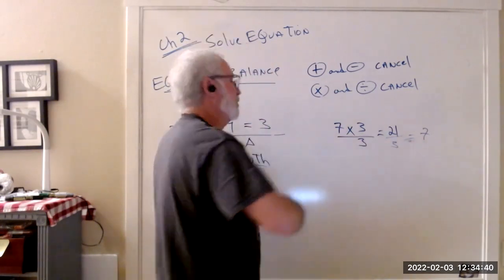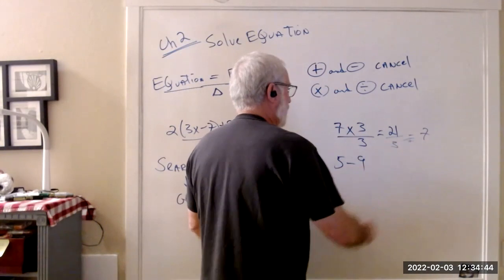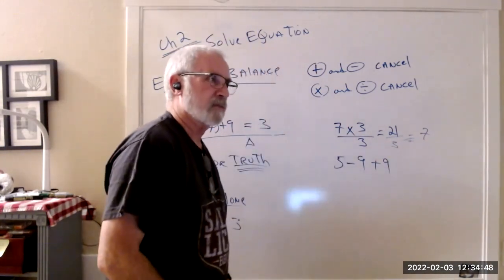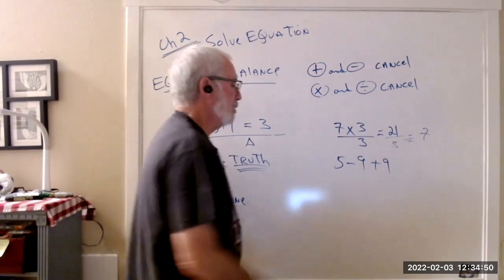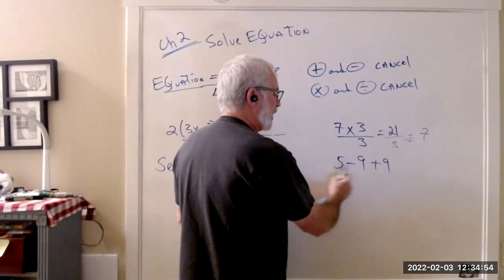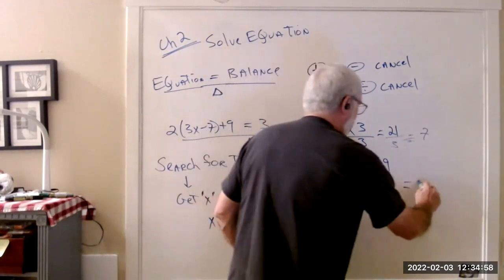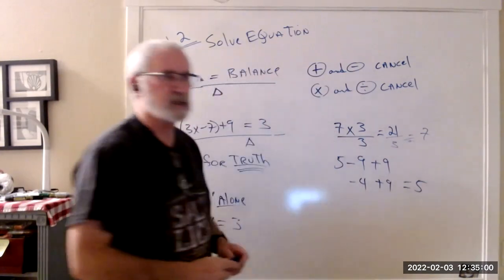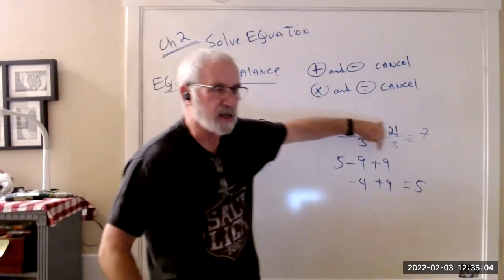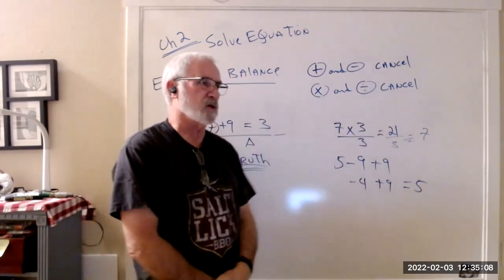Same thing with, let's say I had 5 minus 9 plus 9. Well, the minus 9 and plus 9 cancel each other out. 5 take away 9 is -4, plus 9 is 5. Again, a simple example that shows that subtraction and addition of the same number always cancels each other out.